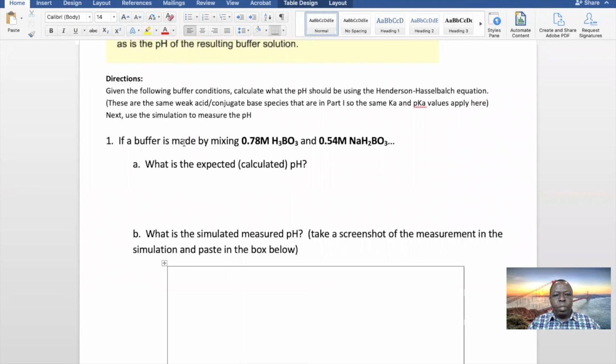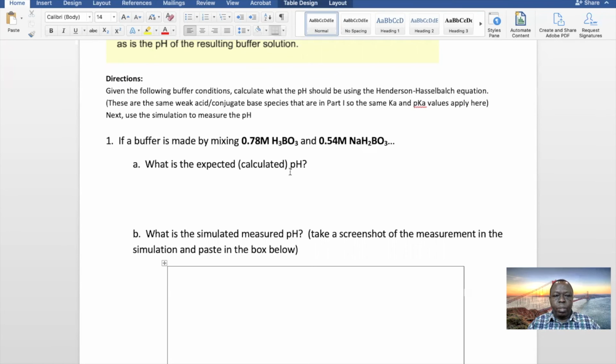So if a PAVA solution is made by mixing this and that, I need the conjugate acid concentration adjusted to 0.78 and this adjusted to 0.54 molar. This is the conjugate base of this weak acid. What is the expected pH value?